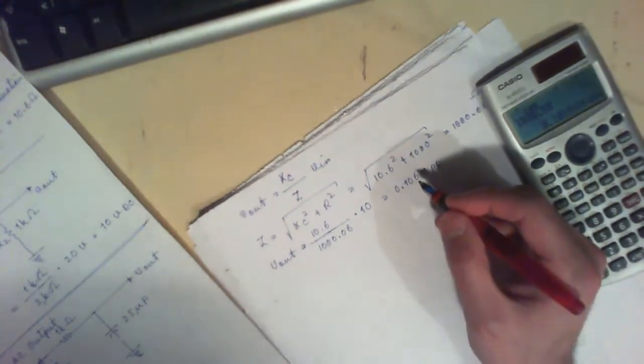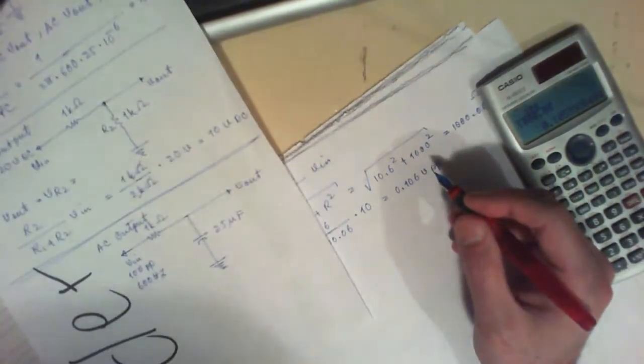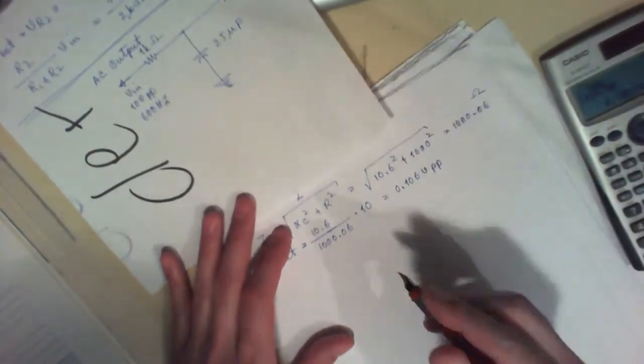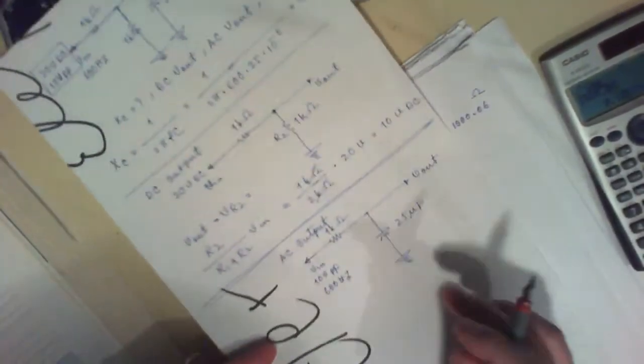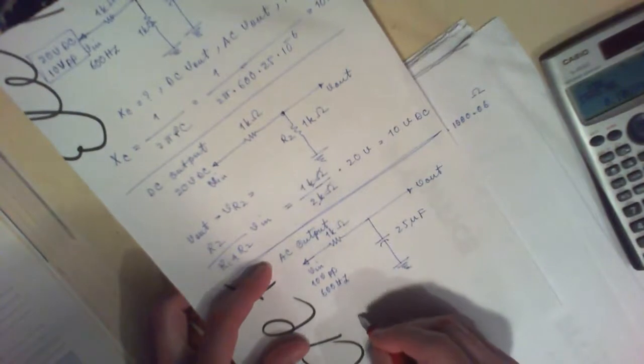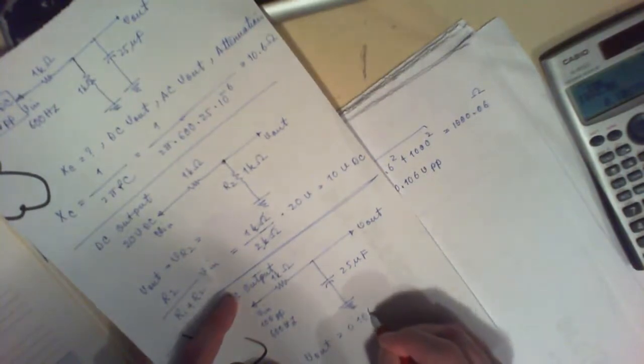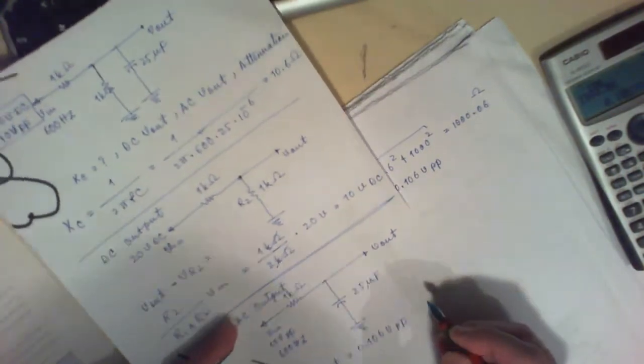Now the DC and AC attenuation for this circuit. When you want to calculate the attenuation, your V of out would be 0.106 volts peak to peak, and here the input was 10 volts peak to peak.